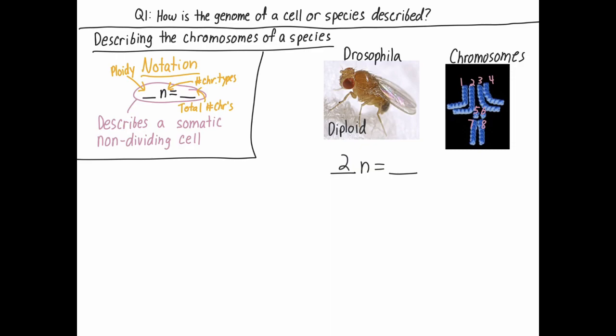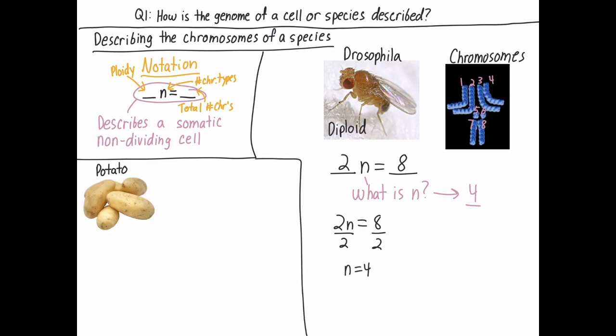So 2n equals 8. So what is n? Well, if there are 8 chromosomes total, and there are 2 of each type, then there must be 4 different types of chromosomes. Of course, we can also solve this mathematically by dividing each side by 2. So n equals 4.